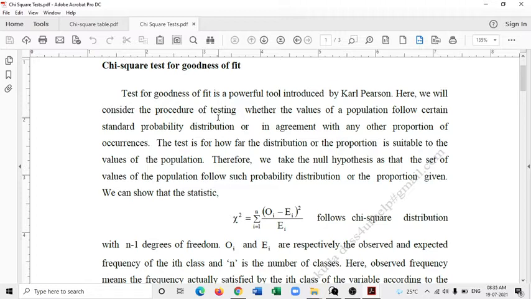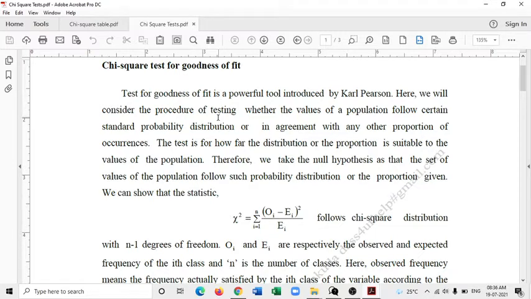Now, making use of the equation proposed, that is the distribution or the ratio proposed, we can obtain the theoretical frequencies of each class. That is, Ei represents the ith expected frequency of the ith class. So Oi's and Ei's are the observed and expected frequencies. Observed frequencies are the frequencies we directly get from the survey, and expected frequencies are the frequencies obtained under the assumption that the variable follows such and such distribution or agrees with the ratio or proportion proposed.